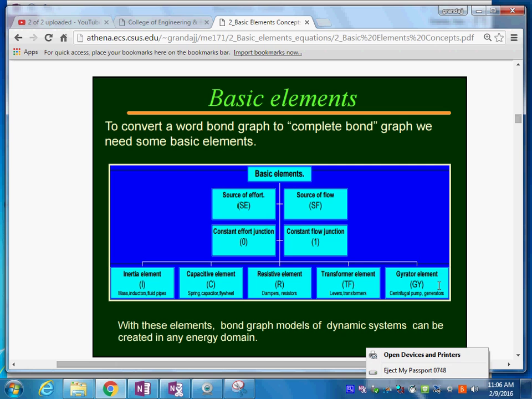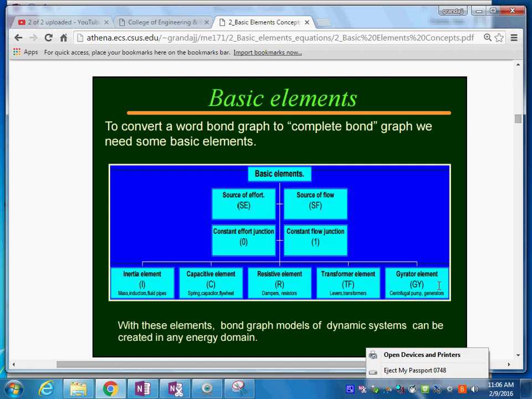So instead of relating flow to flow or effort to effort, like on a gear set where you relate one angular velocity to another, as in a gearbox like the one in your car, that's exactly what it does. It converts the revolutions of the engine into another speed for the car. But in the gyrator it is different because the variables are crossed. One effort, which is voltage, is related to the flow on the other side. So that's the only difference between those two.